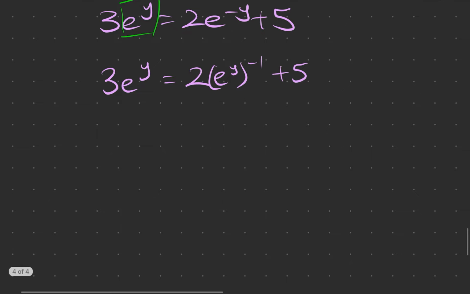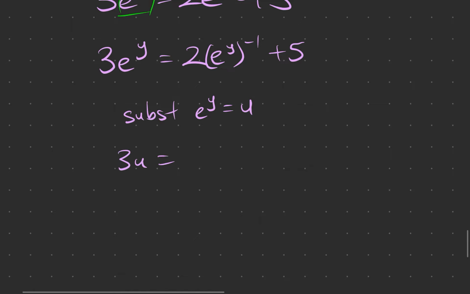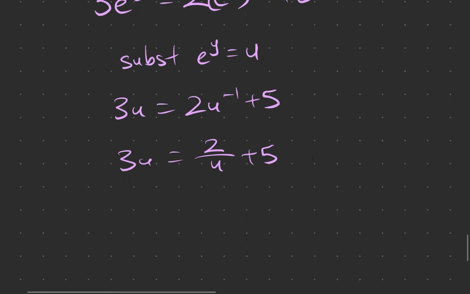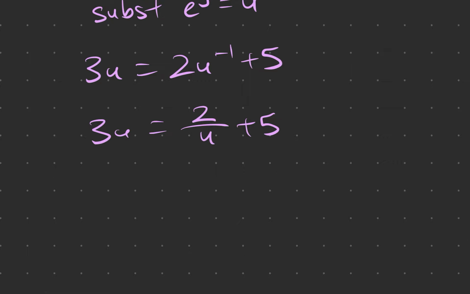Now I can substitute e to the power of y equals u. So 3u equals 2u to the power of negative 1 plus 5. Sorry, I'm tripping. This is actually the same as 2 over u. So I can multiply all sides by u.